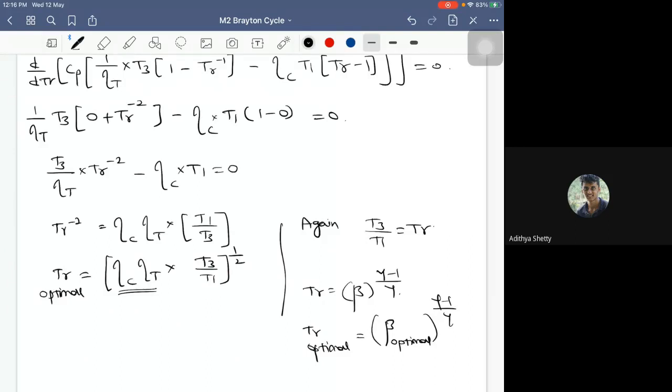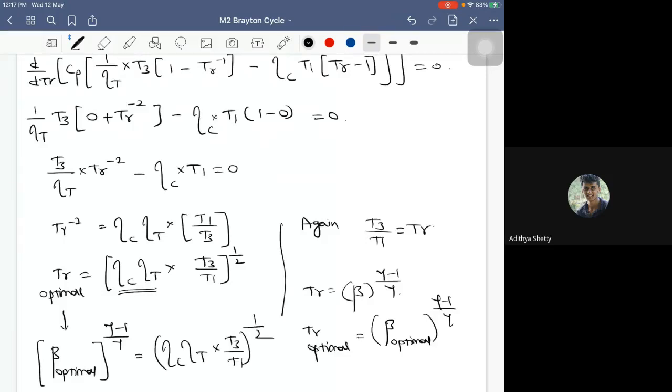So now TR optimal, I can write it as beta optimal to the power of gamma minus 1 by gamma, that is equal to efficiency of compressor, efficiency of turbine into T3 by T1 whole to the power of 1 by 2.